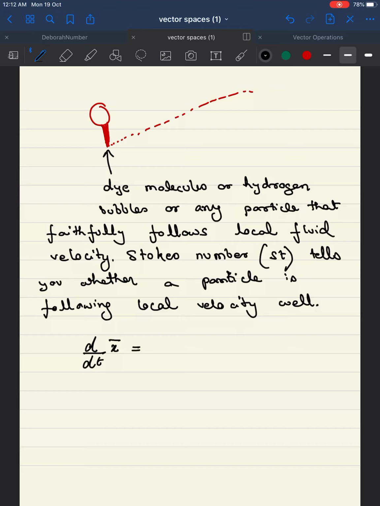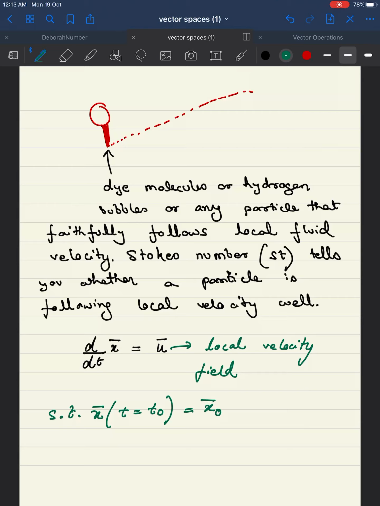So this dx/dt is always equal to u, because wherever it is, it is following the local velocity, such that, okay, so by the way, maybe I'll just quickly write that u bar is the local velocity field, and x here relates to the position of the particle itself, and this particular equation such that x bar at t equal to t naught was equal to some given x naught.